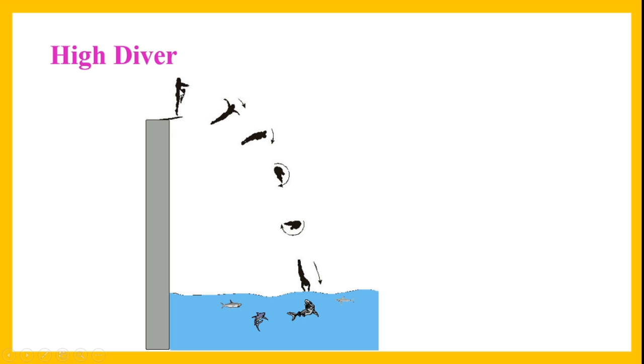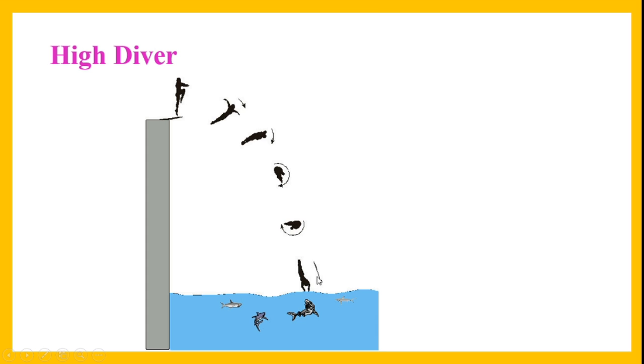So here when you see the diver, she has stretched her body. Initially moment of inertia is more and angular velocity is less, but in the middle, she contracted her body in such a way that moment of inertia has become low, so angular velocity has increased, so that at this position she is moving with a higher speed.